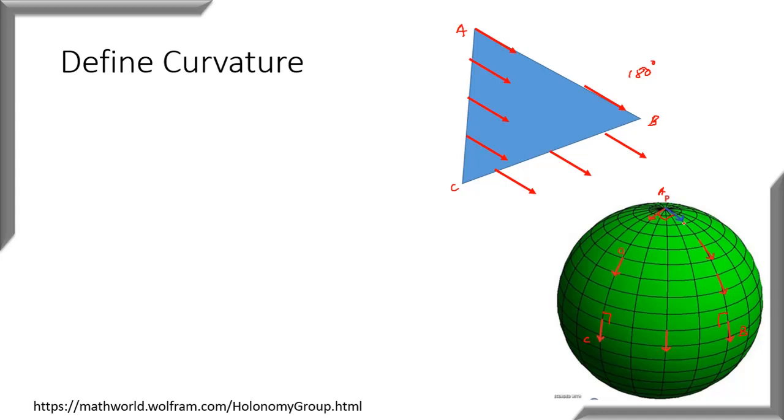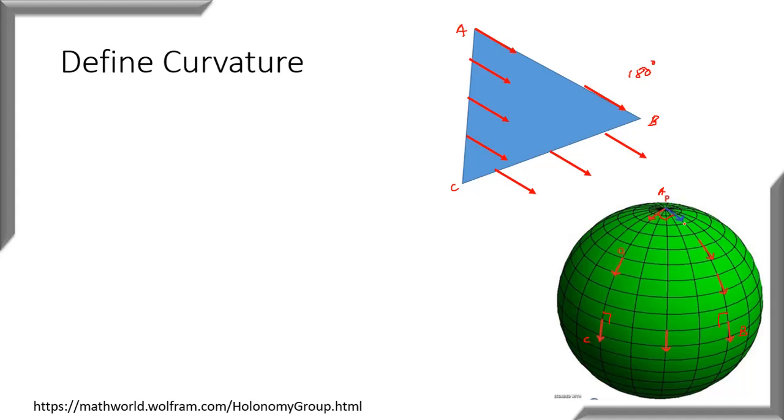Now you can see that I have defined the notion of curvature using parallel transport. That is, when a vector is parallel transported, if it doesn't give you the same vector and it deviates from its initial vector, then the space must be curved.